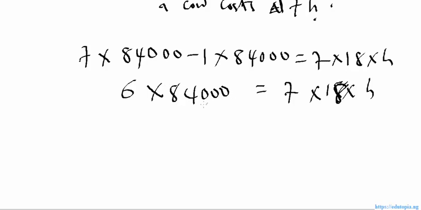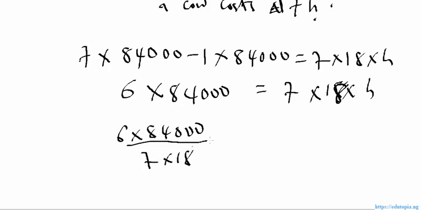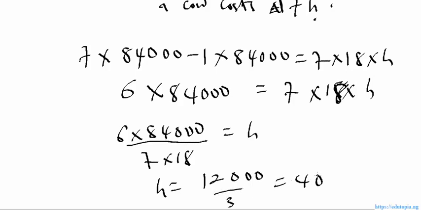So it's the same thing. So now at the end you have 6 times 84,000 over 7 times 18 is equal to H, and H is equal to 12,000 divided by 3, which will give you 4,000, and then you find the car to get your answer. So that is it.